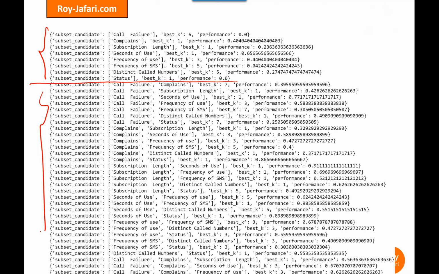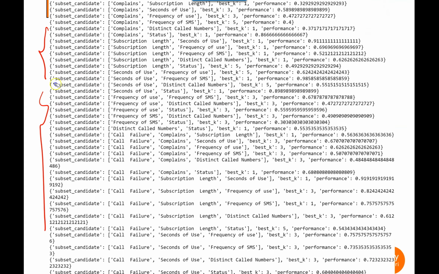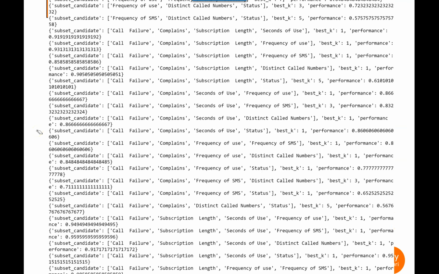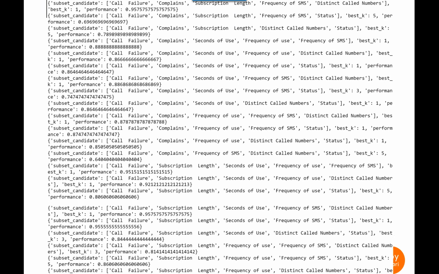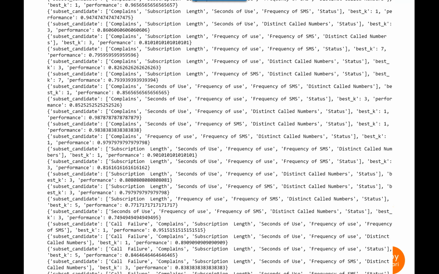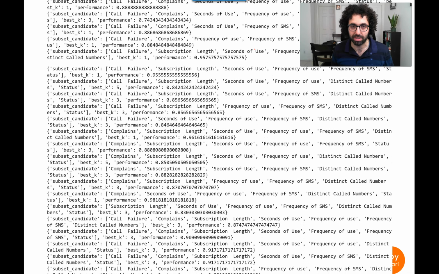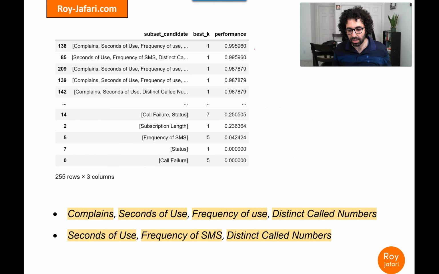You start moving to 3 attributes, and by the time you come to the end, you will have noticed that you have experimented with so many different subsets, and every time you experiment with them, you find the best K, and then you find the performance of this subset, and then by having reached there, you come to this final result.